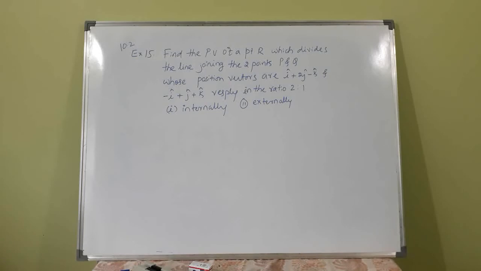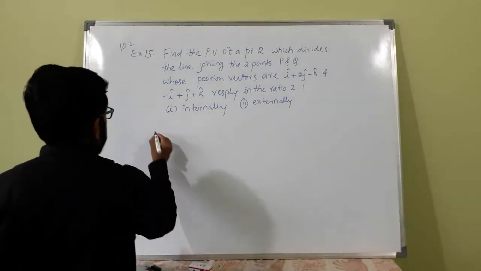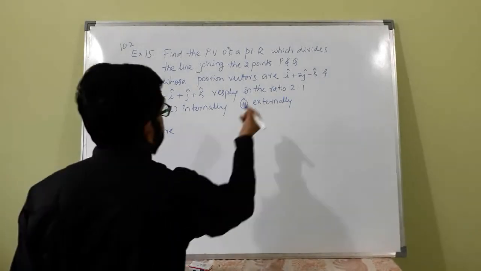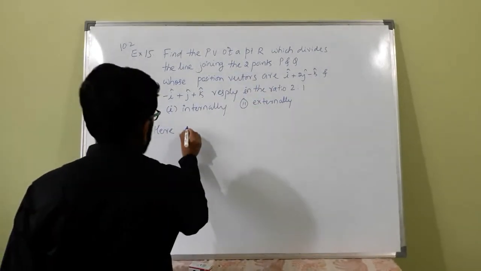See, this is based on the section formula. Find the position vector of a point R which divides the line joining the points P and Q, whose position vectors are i plus 2j minus k and minus i plus j plus k, in the ratio 2:1. Okay, here position vectors of points P and Q are given.